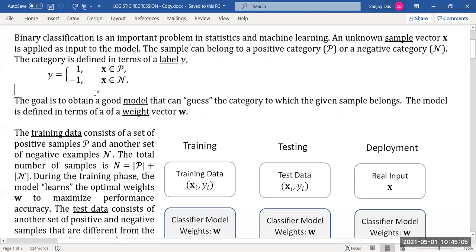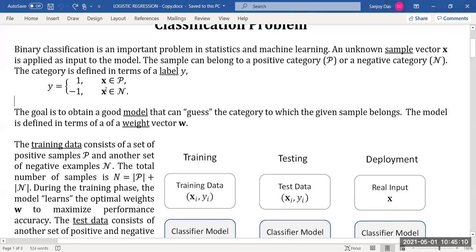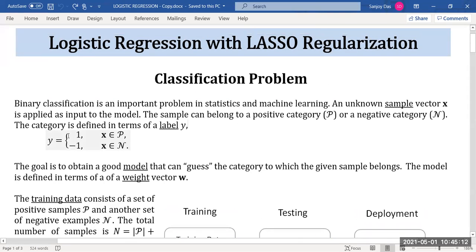Another classification problem could be, let's say, a doctor. Y is 1 if the patient has a certain disease, and -1 if the patient doesn't. In which case X could be all the blood tests, the age, well, I'm diabetic, diabetes, and if the person is vaccinated for COVID, and so on.